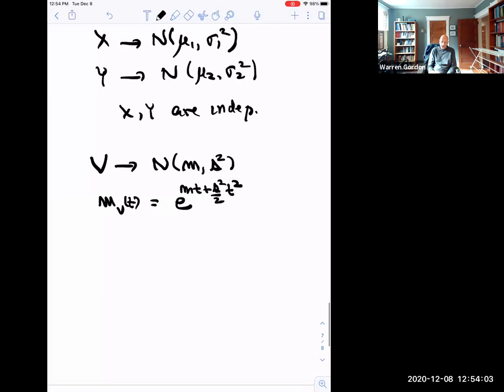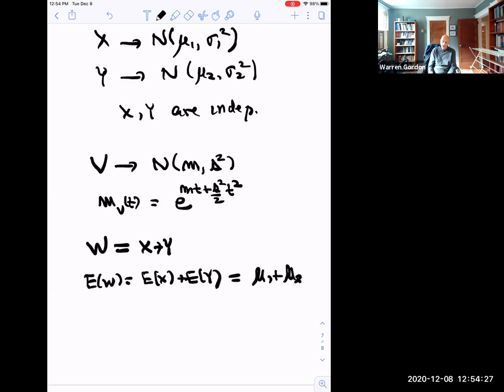Now we're asked about W, which is x plus y. We can find E of W easily. E of W will just turn out to be E of x plus E of y using the linearity property, which is mu1 plus mu2.